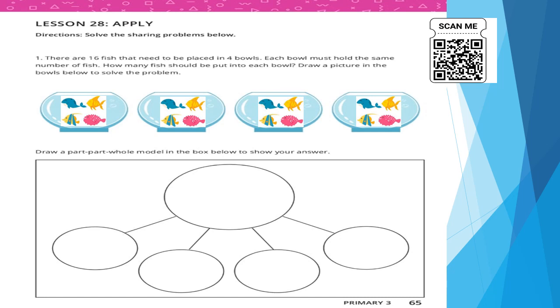So draw a part-whole model. This is called part-whole because we have the whole here, which is 16, and the parts. We will divide this 16 into equal parts. So we will divide it into 4 and 4 and 4 and 4.